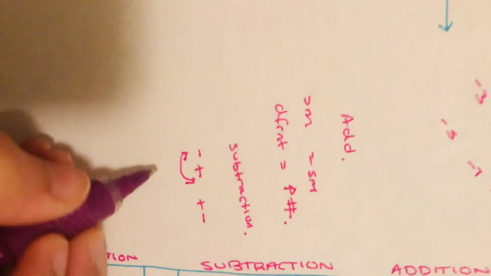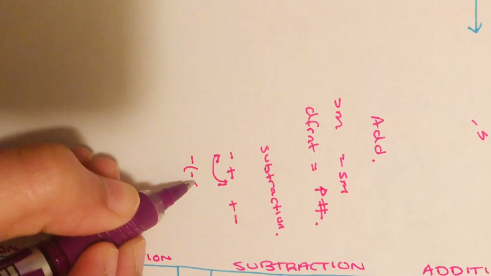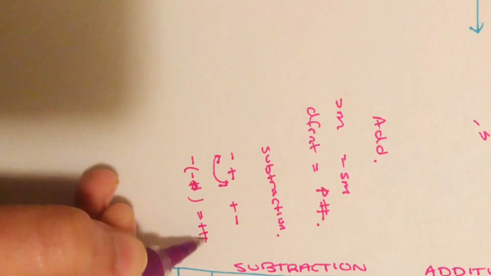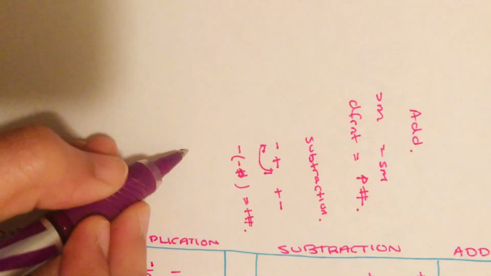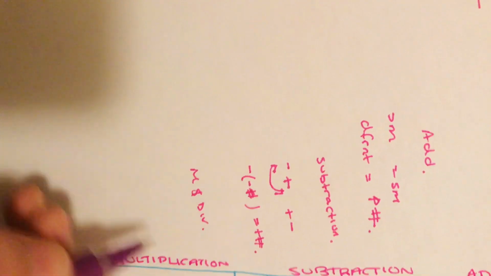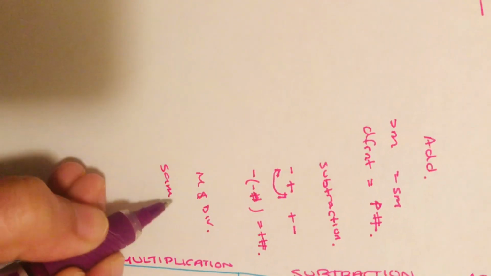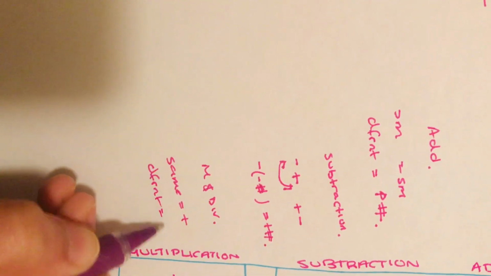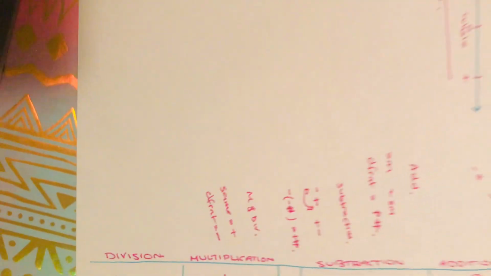And if you have negative a number, it's going to become positive that number, right? For multiplication and division, if the signs are the same, the answer will be positive, and if the signs are different, the result will be negative.